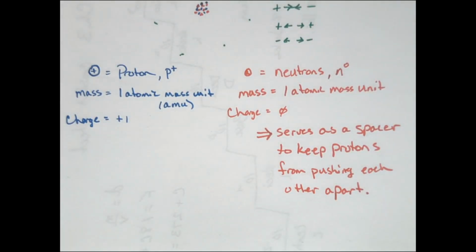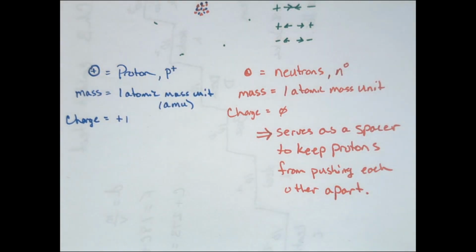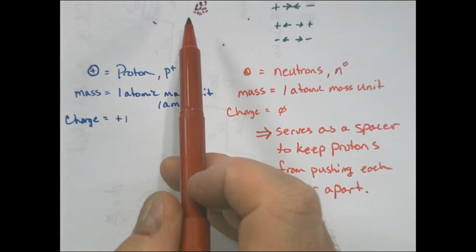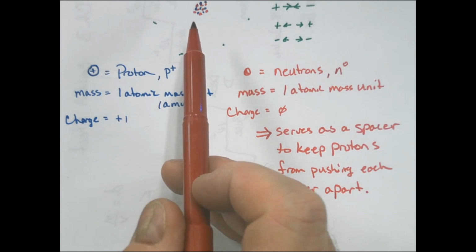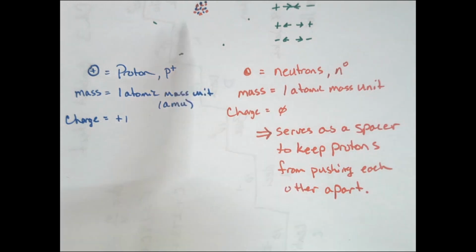So if you look at our nucleus here, we know our electrons are spread out into this sphere because they're repelling each other, and they've created this equilibrium between the attractive forces of the nucleus and the repelling forces of the other electrons. Why aren't the protons in there pushing each other apart? All of our positive charge, all these protons, are concentrated in the nucleus. Well, there's something called the strong nuclear force.